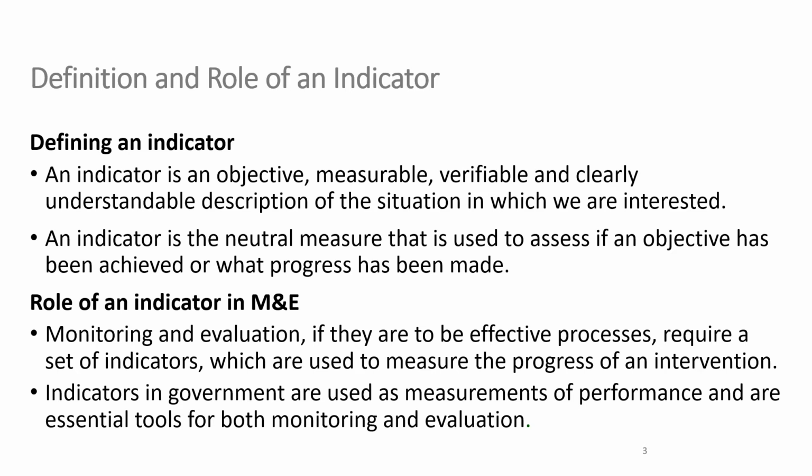So indicators are crucial in M&E. When we monitor and evaluate, we have to have indicators that are neutral and measurable and verifiable and objective, as per the definition, to make sure that what we're doing is effective, that we can actually go and motivate why we've been doing things and what the results of those were. It also shows us whether we are on the right track or whether we should be changing what we are doing currently.